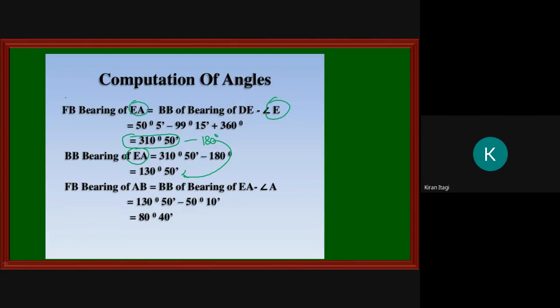Similarly for AB, we deduct the angle and get the forward bearing. To determine the back bearing, we do 80 degrees 40 minutes plus 180 degrees, and we get the back bearing of line AB.